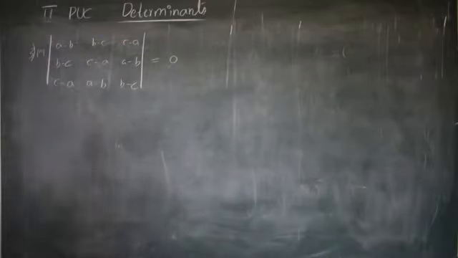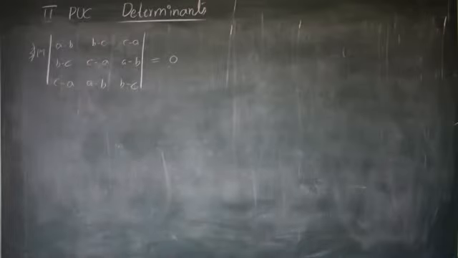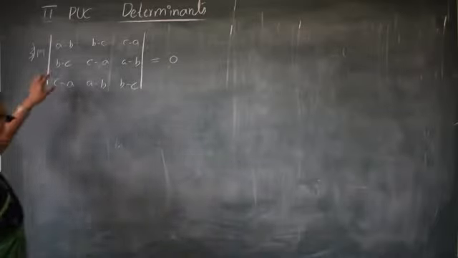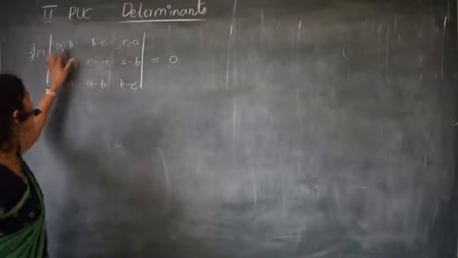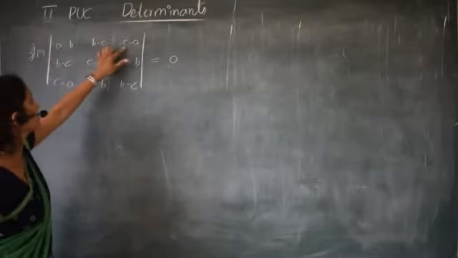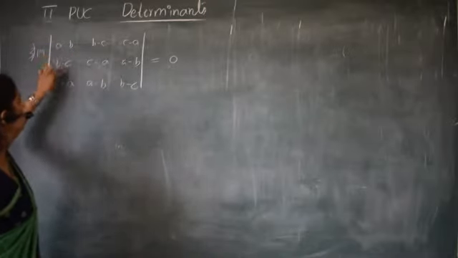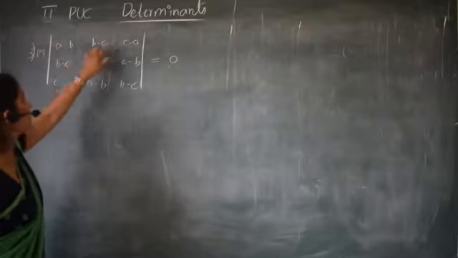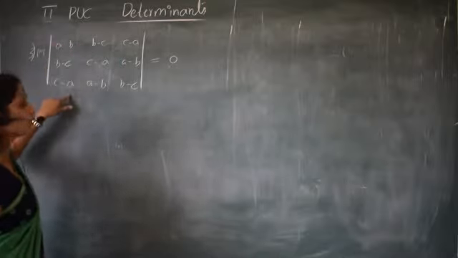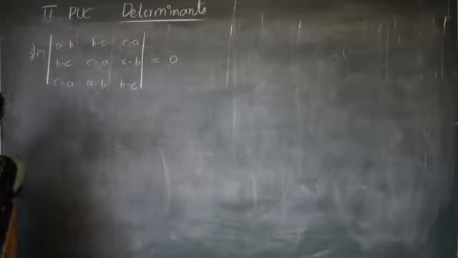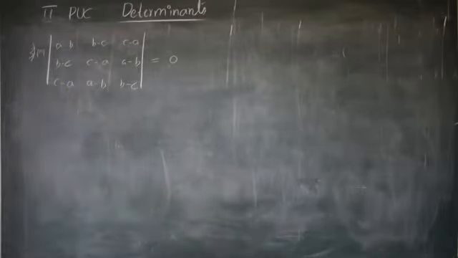Either I can use operations along a column or a row. So I can add these terms: A minus B, B minus C, C minus A. All terms cancel, A minus A, B minus B, C minus C, so this will be equal to 0. If any row is 0, then the determinant value will be 0. That is very easy.